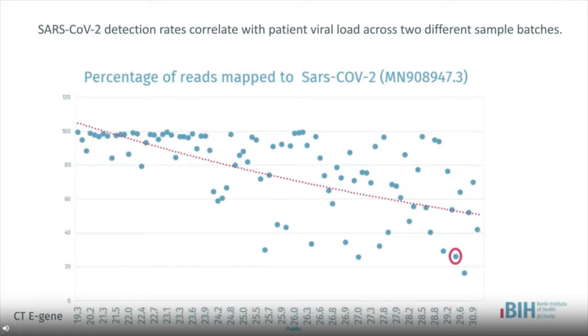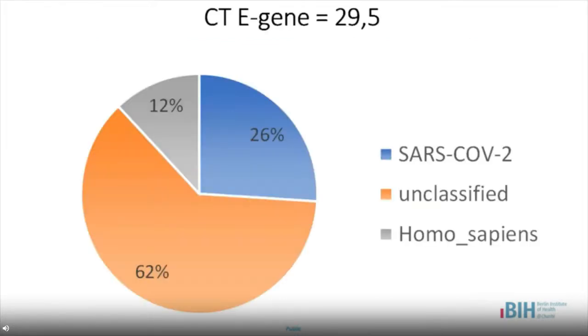In the highlighted sample on the right, 26% of all reads could be attributed to the SARS-CoV-2 genome. 12% of reads could be identified as of human origin, and as much as 62% of reads could not be classified if only human and virus sequences that are part of the Illumina Respiratory Disease panel were used.